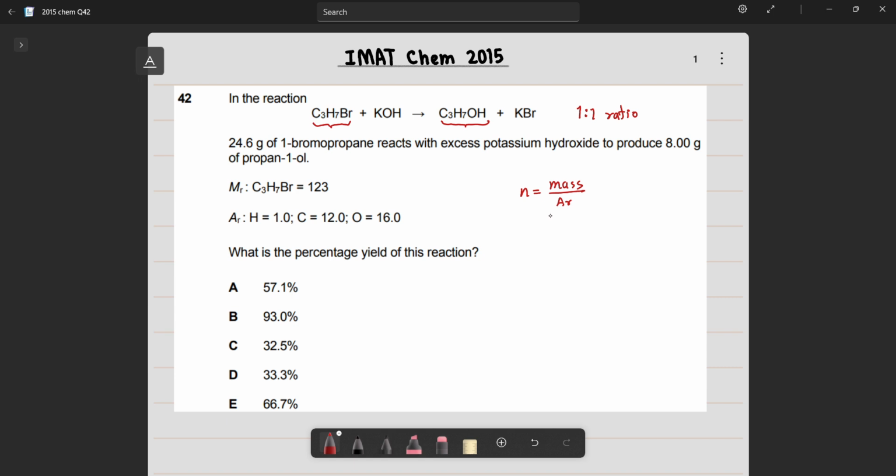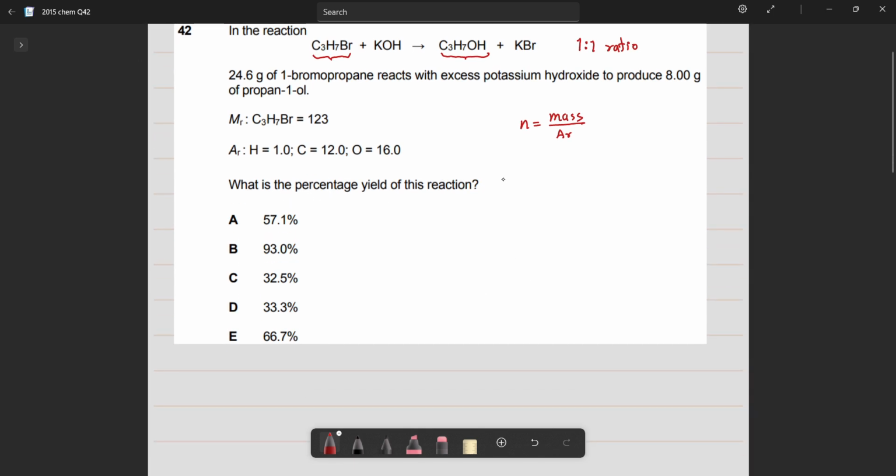And the formula for percentage yield is percentage yield is equal to the actual yield divided by theoretical yield times 100. So this is the main formula for the percentage yield of a reaction.